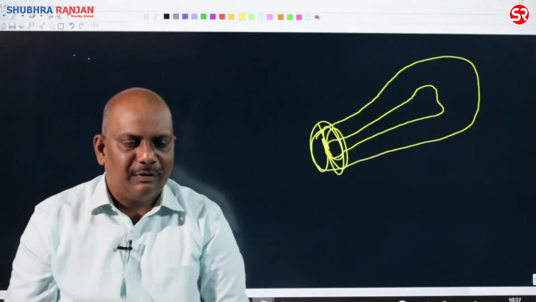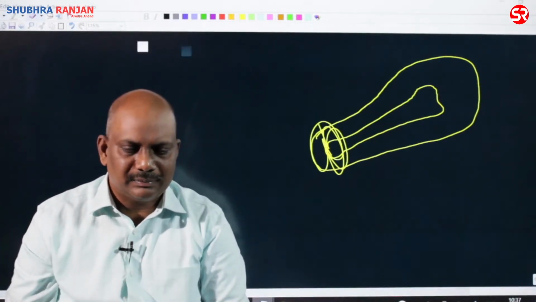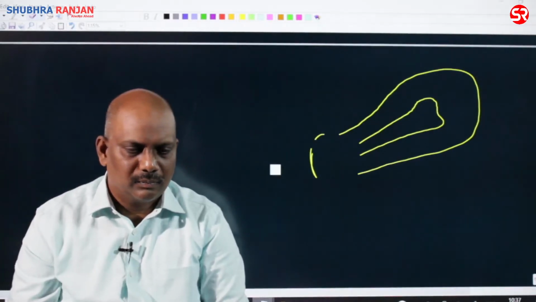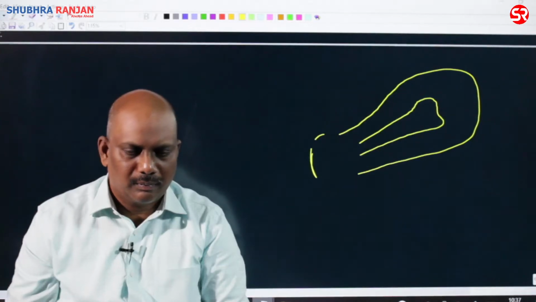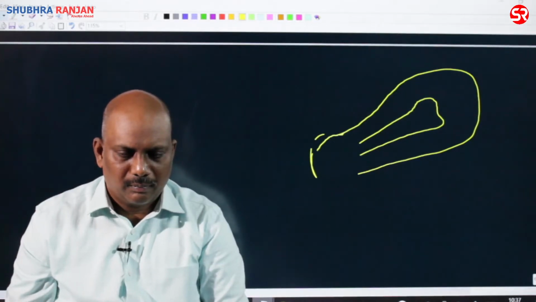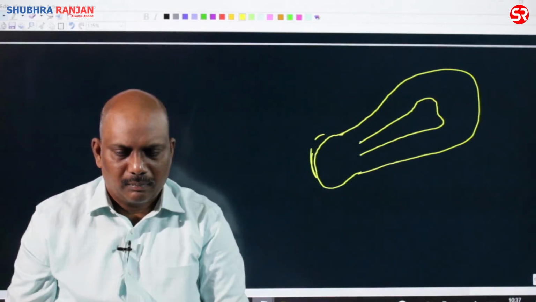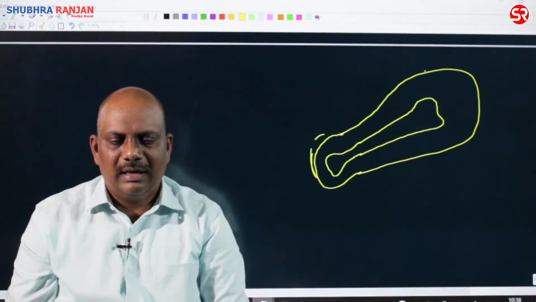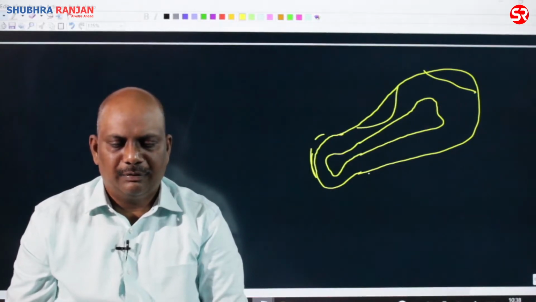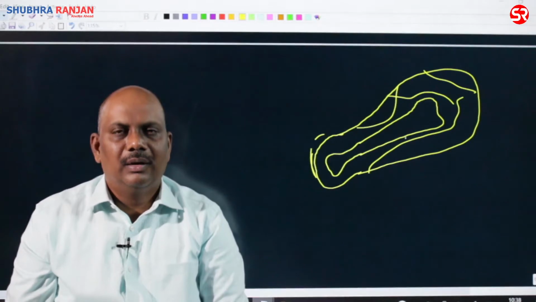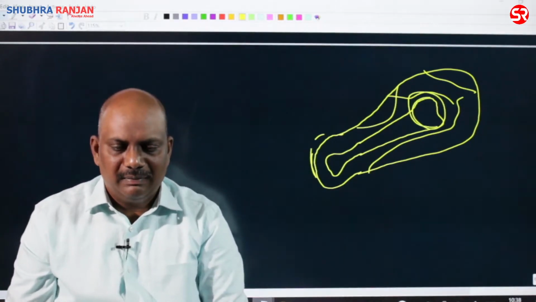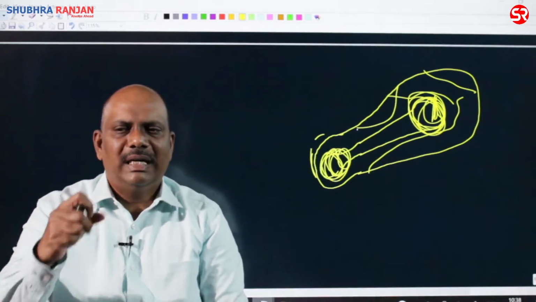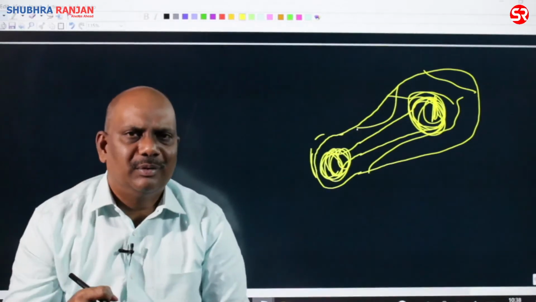While eating, you can find one very important thing. Very easily we can eat this portion of the meat. Towards the end, there will be some meat which will be attached in this region. We will find it very difficult to detach it, to pull it out of the bone.